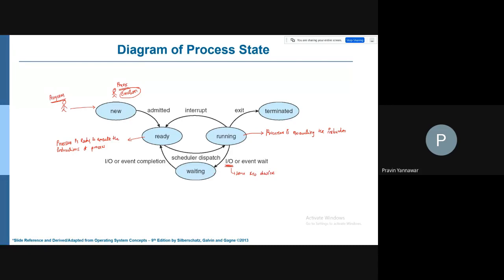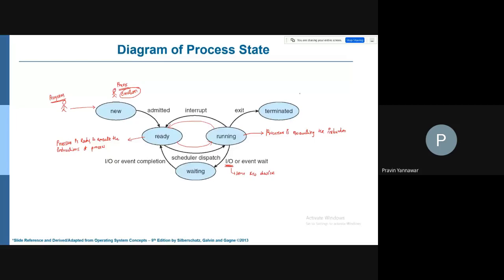Whenever that particular IO is completed, it comes again to ready. So ready and running is a loop. If you don't have any IO or you're not expecting an event to happen, it usually executes between these two only: ready and run, ready and run.